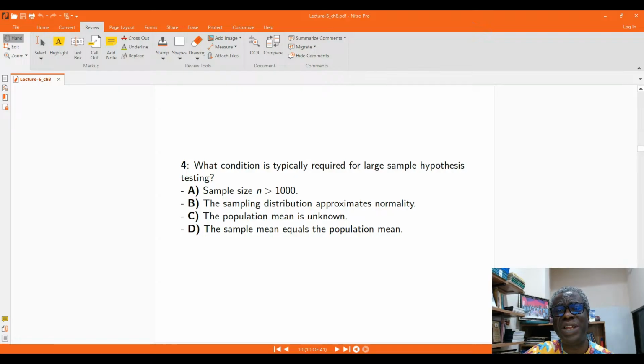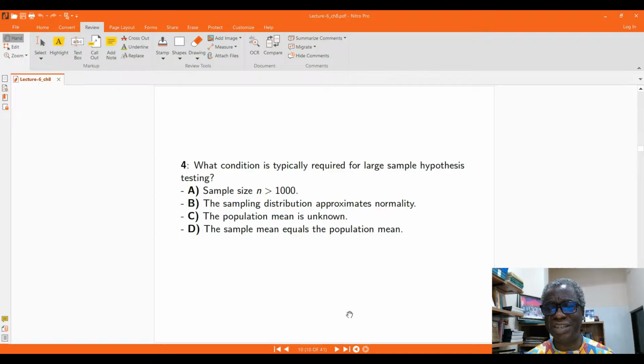So under what condition do we require large sample hypothesis testing? A, sample size n greater than 1,000. B, the sampling distribution approximates normality. C, the population mean is unknown. D, the sample mean equals the population mean.